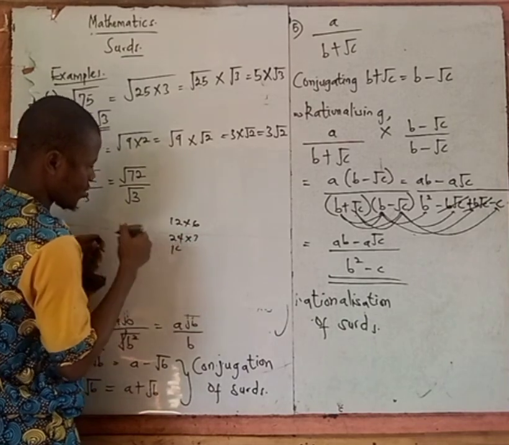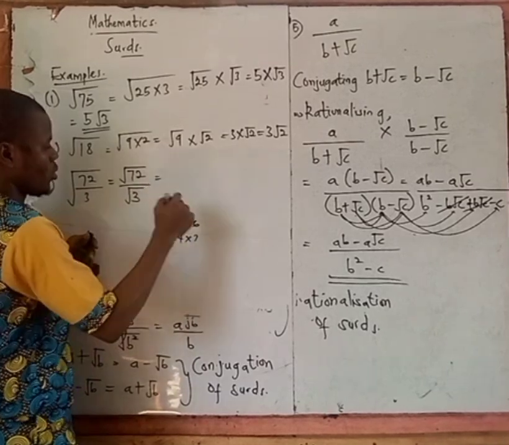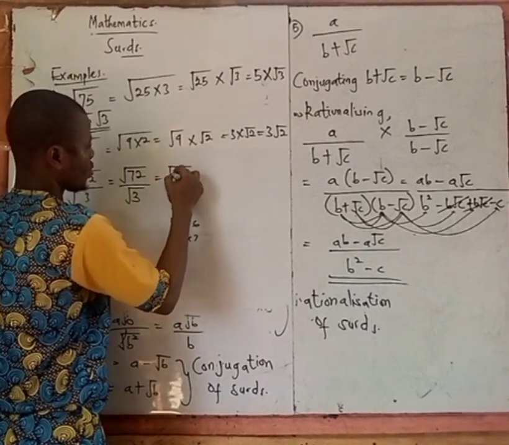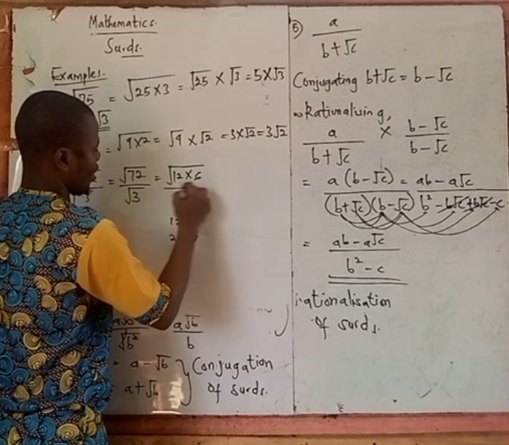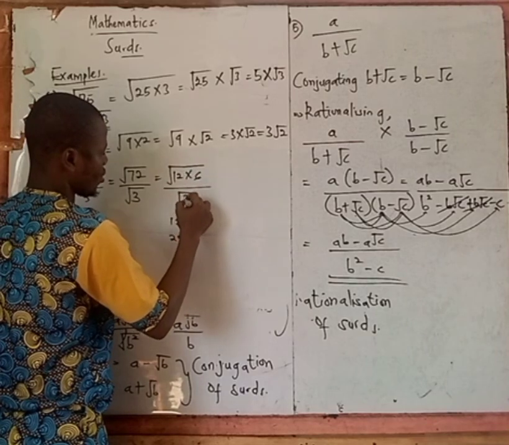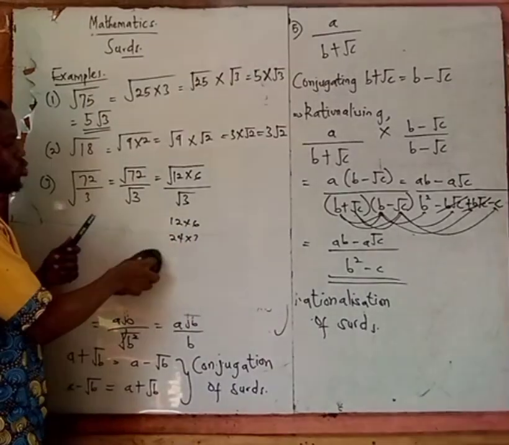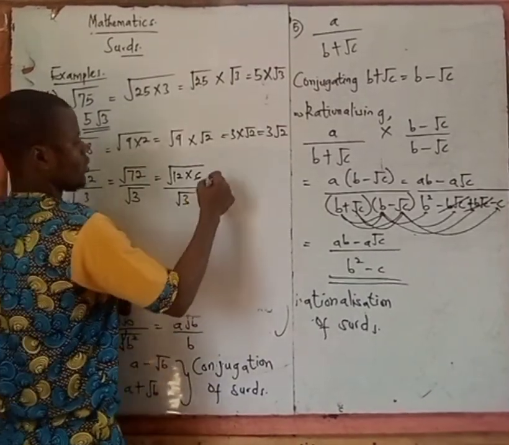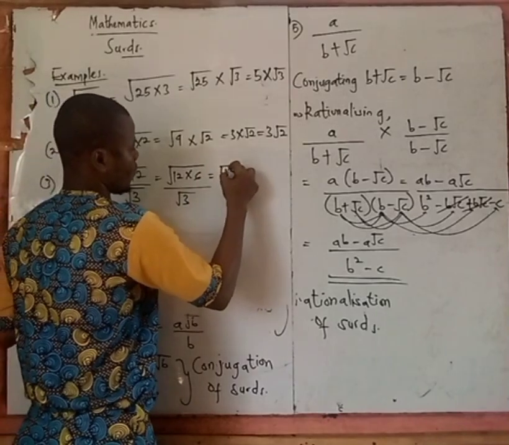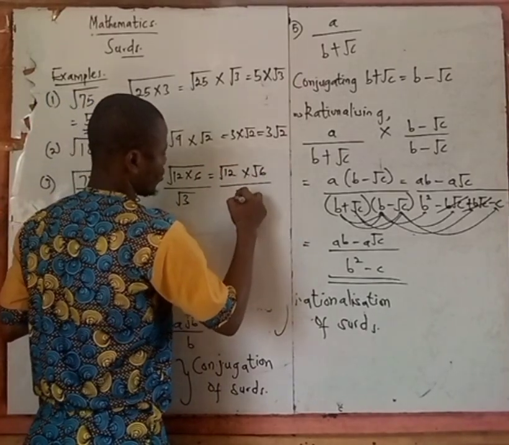Okay, so I'm going to have root 12 times 6 divided by root 3. You can use one of them. So we're going to have root 12 times root 6 divided by root 3.